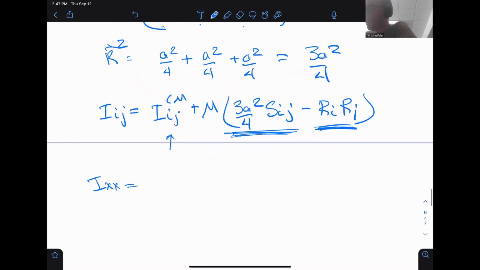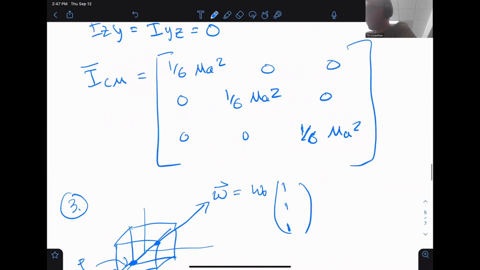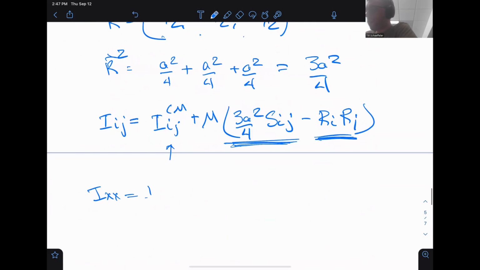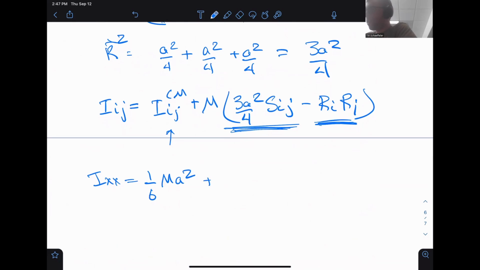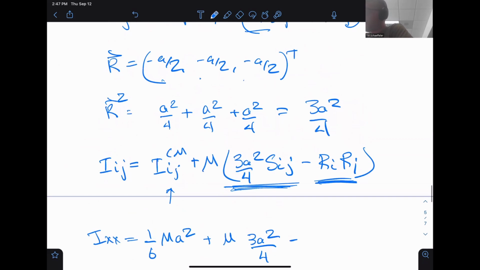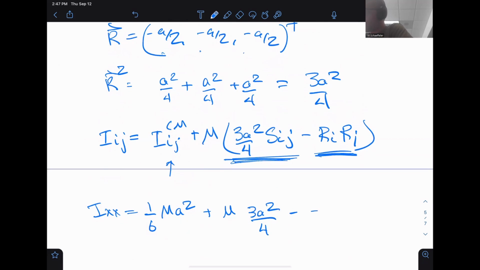So I_xx in the center of mass is 1/6 ma squared plus the delta function hits because x is equal to x, so we get plus m 3a squared over 4 minus negative a over 2 times negative a over 2.